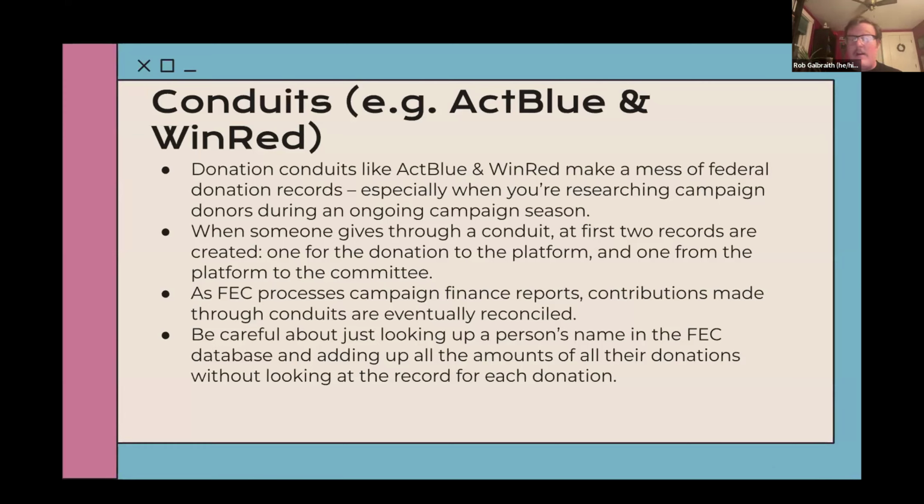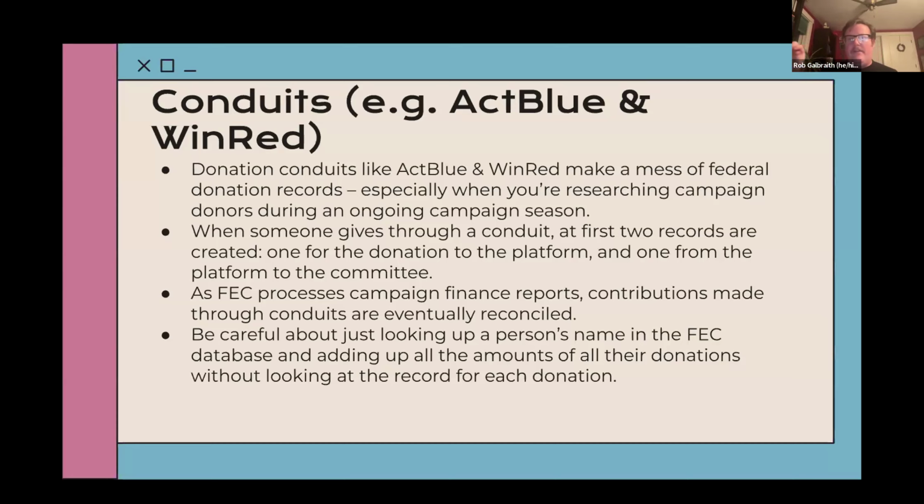The very work intensive way is to open up those report images that I showed. If you open the one going from the conduit to the candidate, as well as the one going from the donor to the conduit, there will be a little memo text on it saying this money came through, and is associated with, a donation through the conduit.